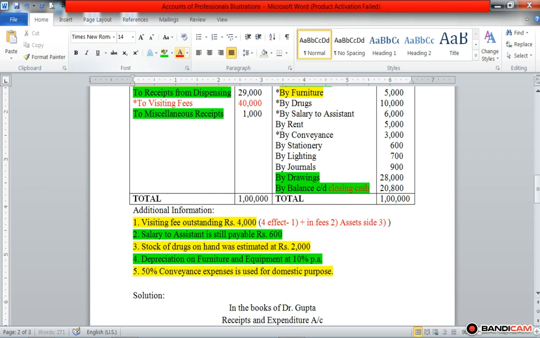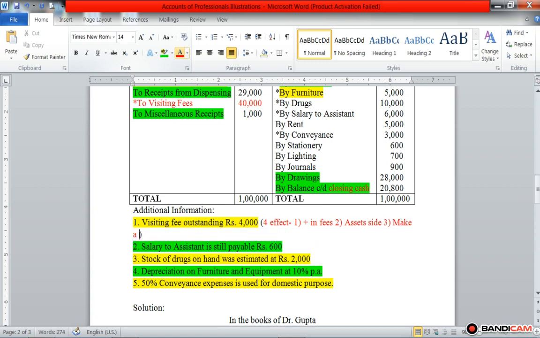Third effect, make a provision or reserve. And fourth effect, on liability side, got it.